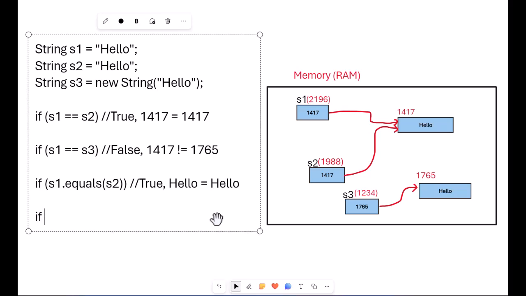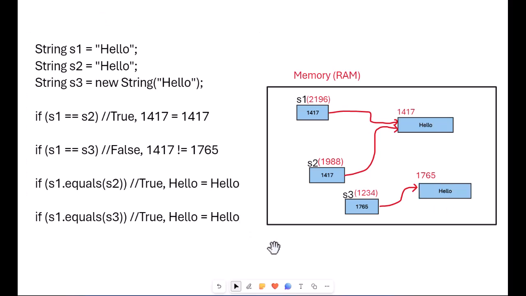Now if you do if s1 dot equals s3, this would be true as well, because the value in the reference 1417 is hello. It is the same as the value in the 1765, which is hello, and they are both written the same way. So now you know when you are comparing references and when you are comparing actual values.